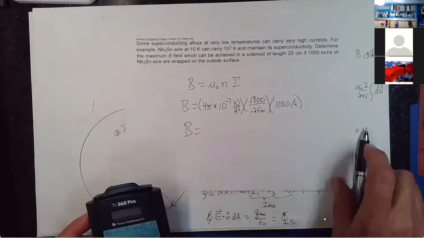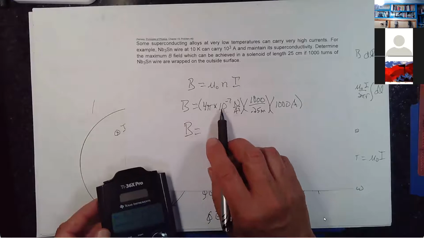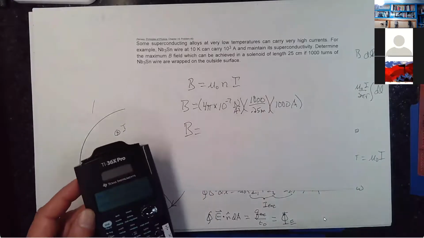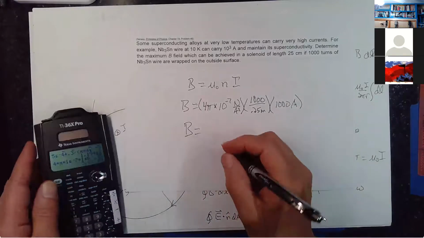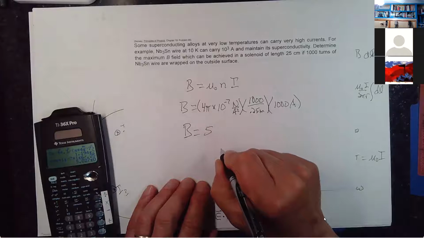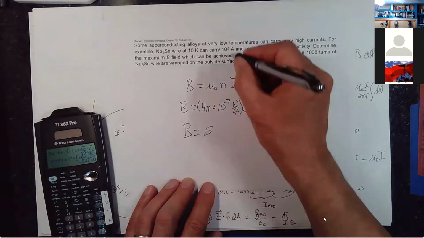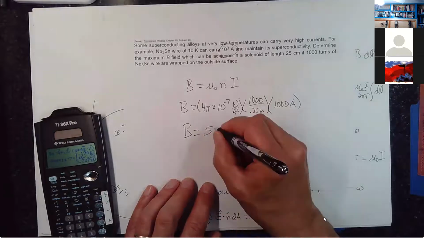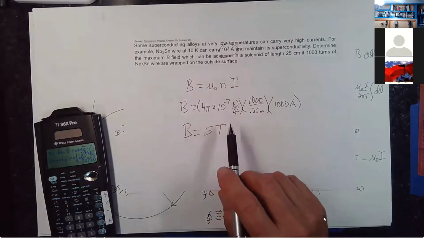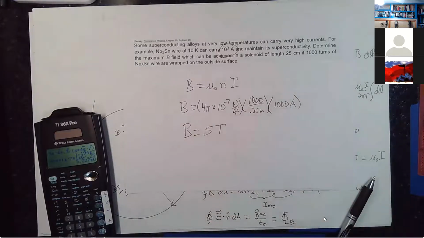Somehow, let's see. Oh, 4 pi is more than, yeah, that drops us down to 10 to the minus 6th. So I do get something about 5 Tesla. I don't know how many sig figs, especially on this. All we have is 1,000 amps. So 5 Tesla. Is it going to be a Newton per amp meter? Yes. Amps over amp squared is a Newton per amp meter, which is a Tesla.